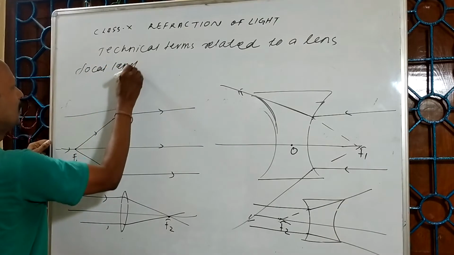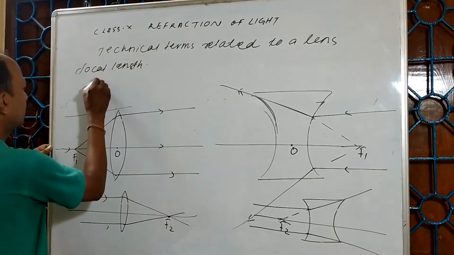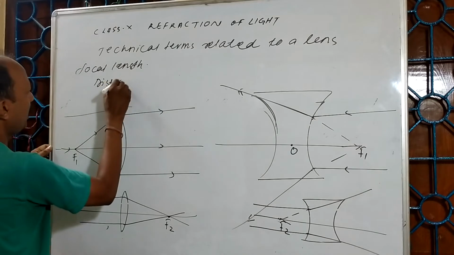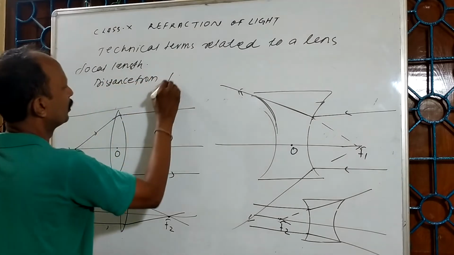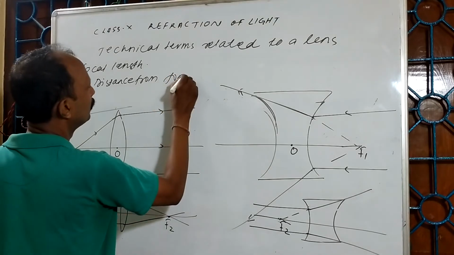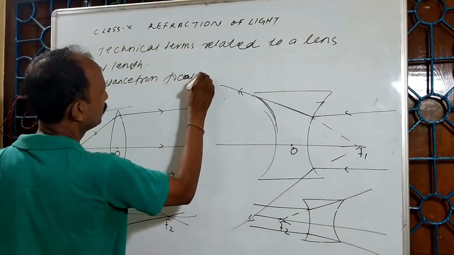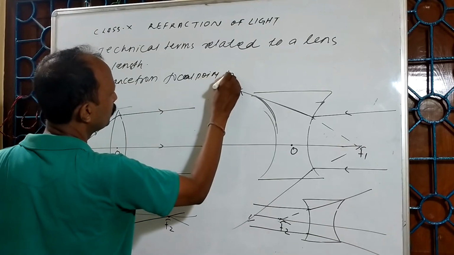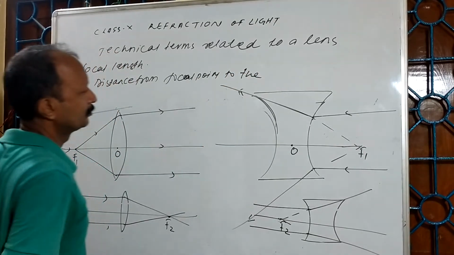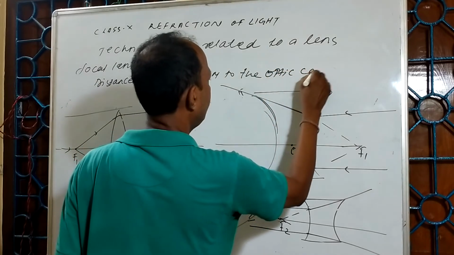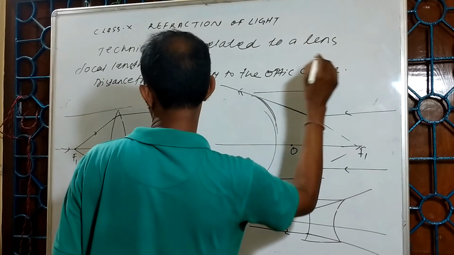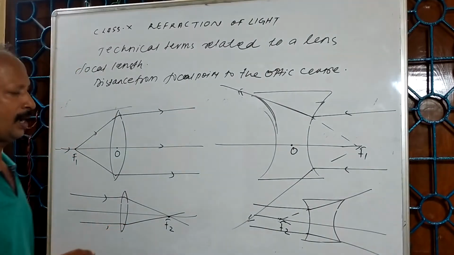That means the distance from focal point to the optic center is the focal length.